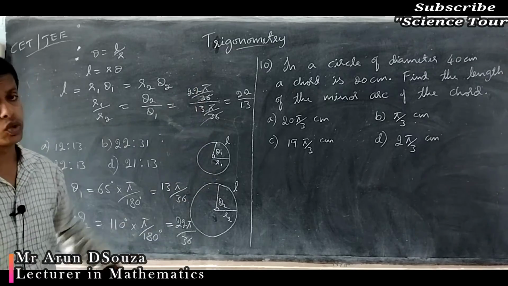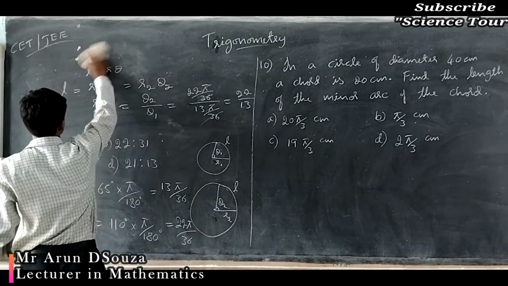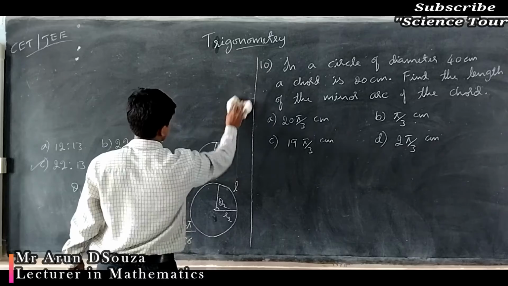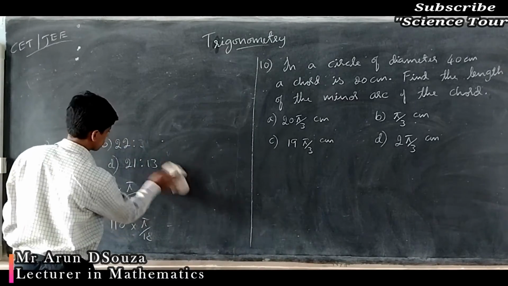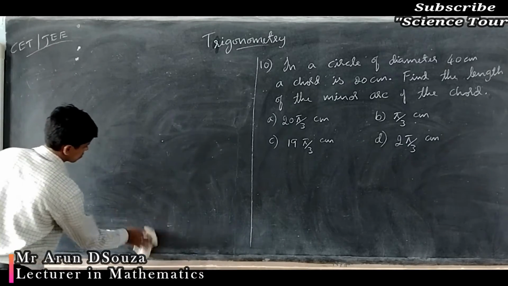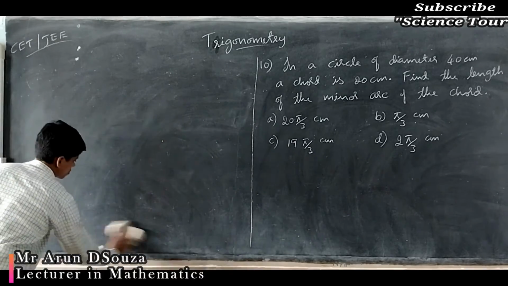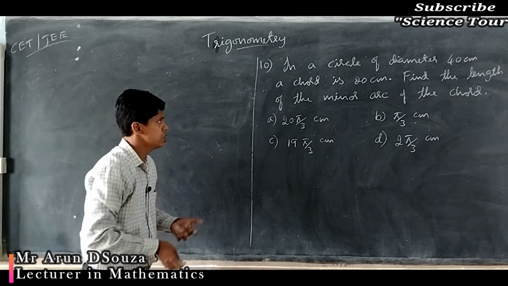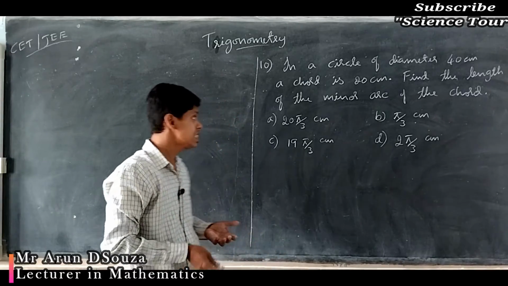Now let's move to the question number 10. In a circle of diameter 40 centimeter, a chord is of length 20 centimeter.